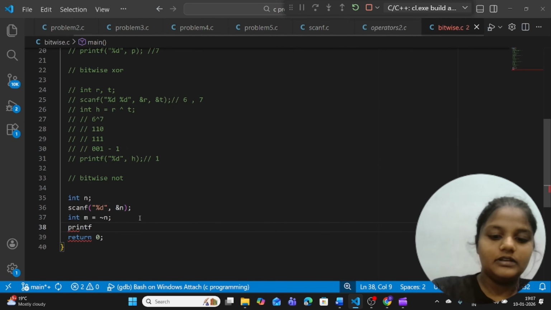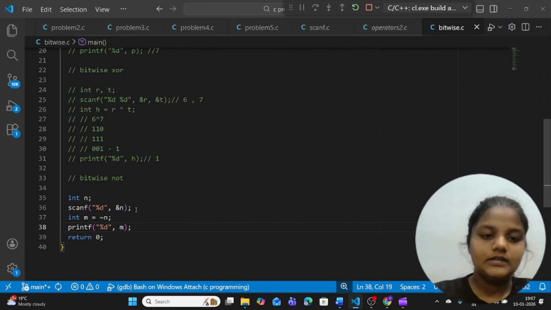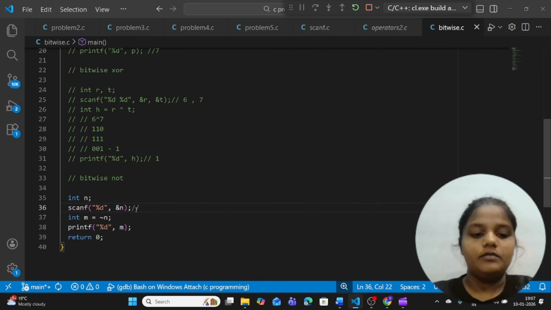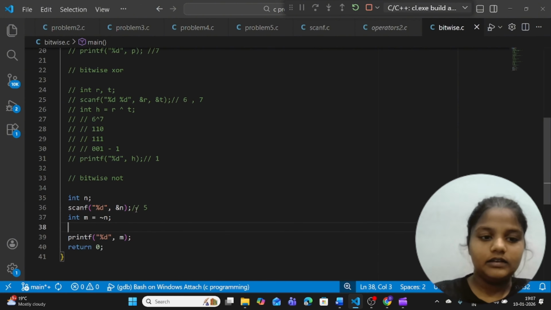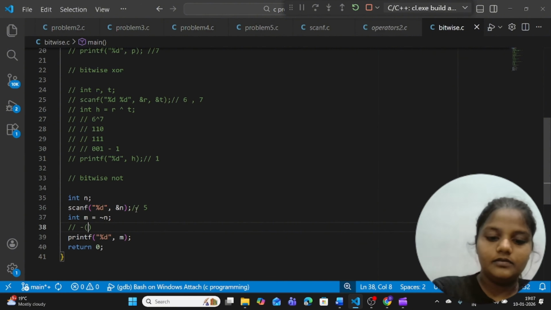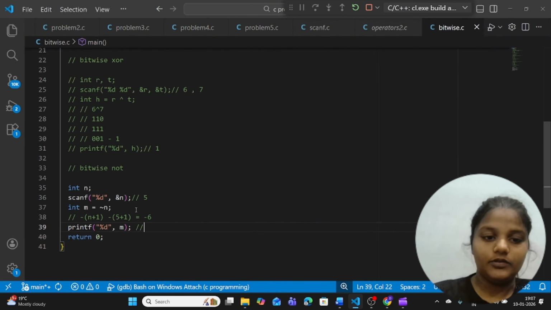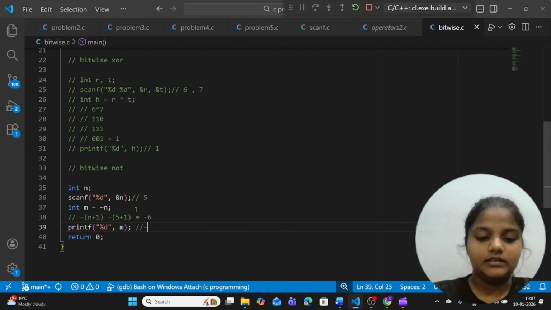Then we are just going to print it, %d. Okay. So now I am giving 5 as input. For this line, the formula we were taught is minus of n plus 1, right? So that means minus of 5 plus 1, we will get minus 6 as output. So here, the output will be minus 6.